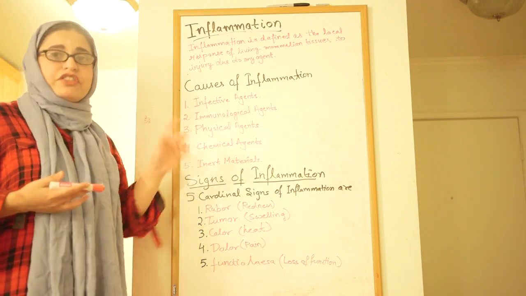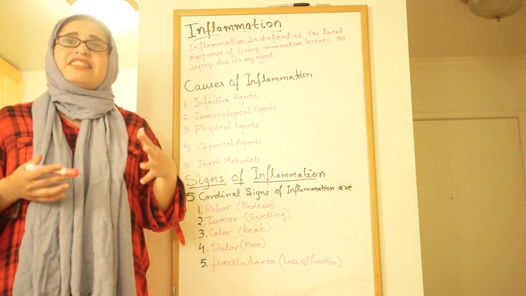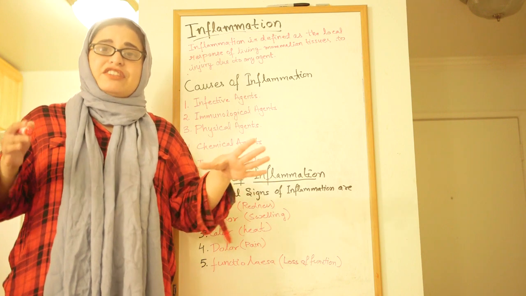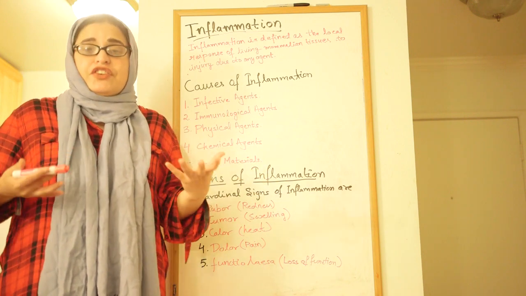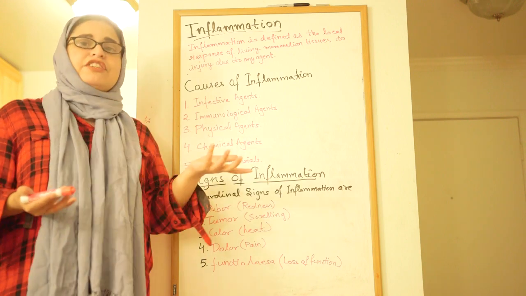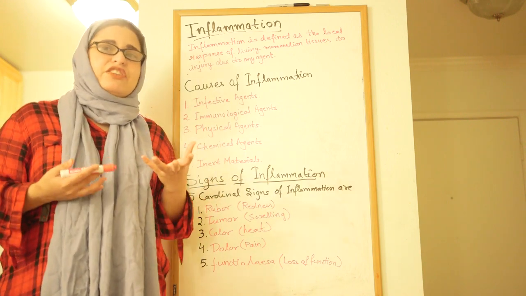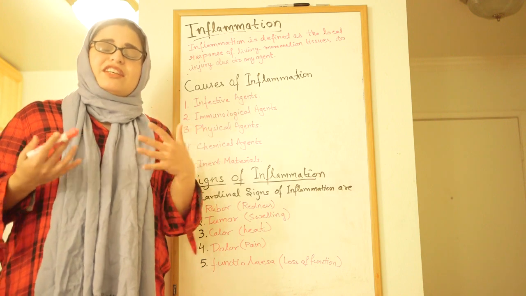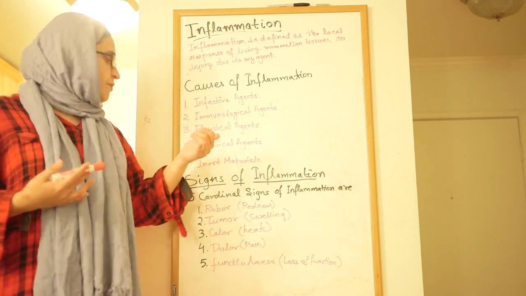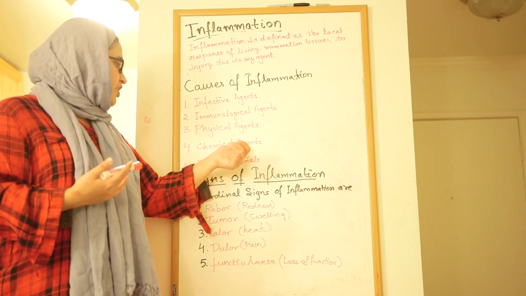Then we have immunological agents. Whenever there are cell-mediated reactions or antigen-antibody reactions, they can also lead to injury and to inflammation. The other is physical agents, like heat or cold, such things which lead to injury. Then we have chemical agents.